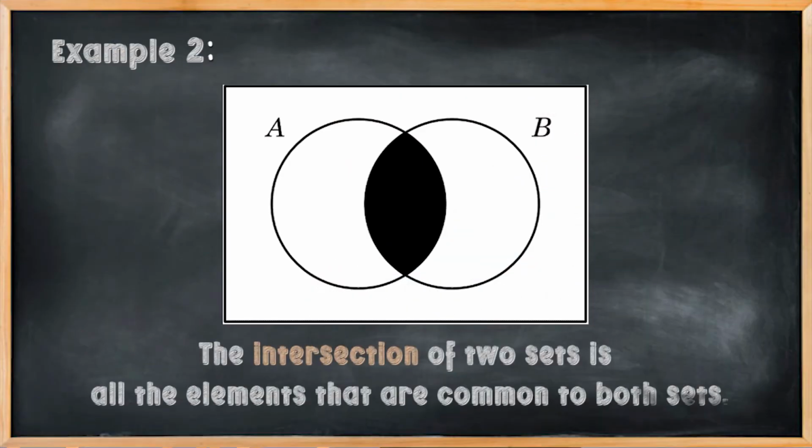Well, set A and set B, they're overlapping in the middle. So that is the intersection of the two sets. The members that are found in the middle belong to both sets. That's what intersection means.